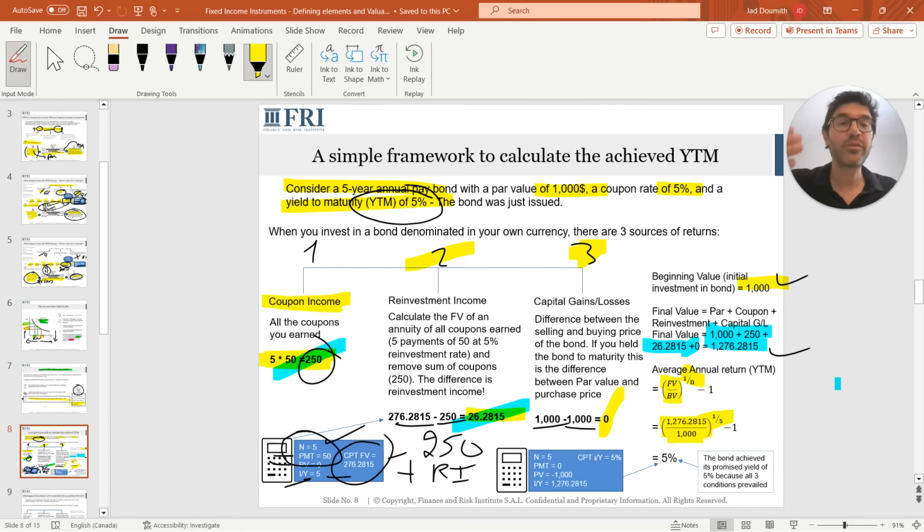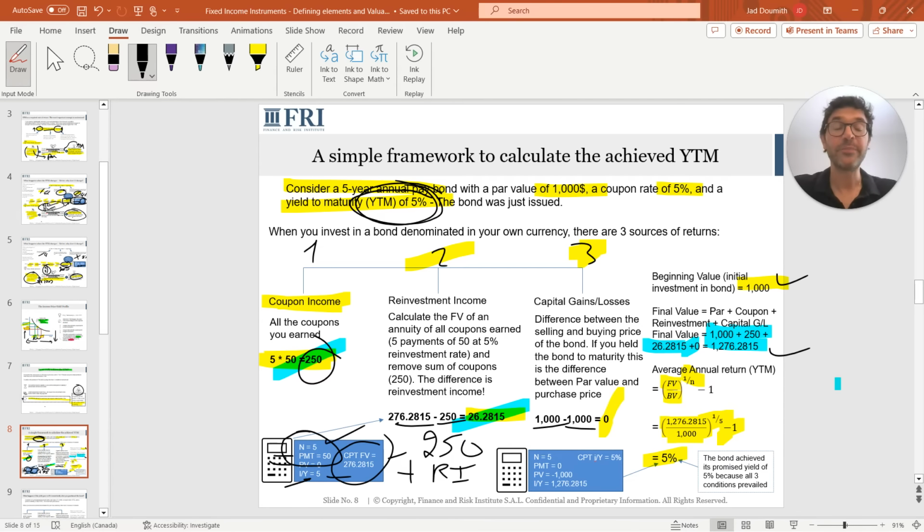By raising it to the power 1 over 5, I'm actually calculating the 5-year average. And of course, minus 1 to remove the original capital, and the actual achieved annual rate of return is 5%. And notice how it exactly matches the promised yield to maturity.